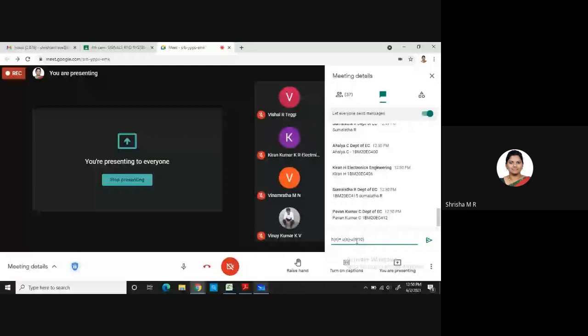Okay, and x of n is given to be u of n minus 2 minus u of n minus 7. Okay, so this is the given sequence.